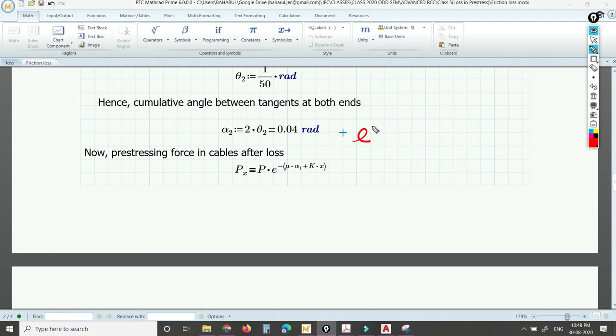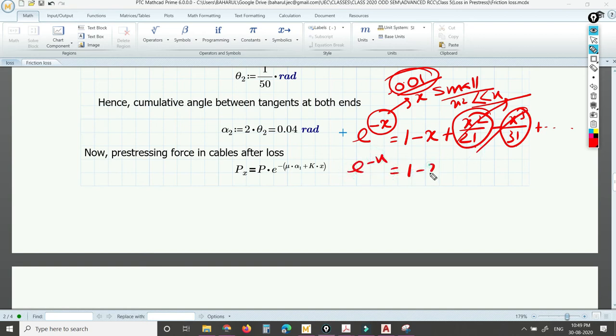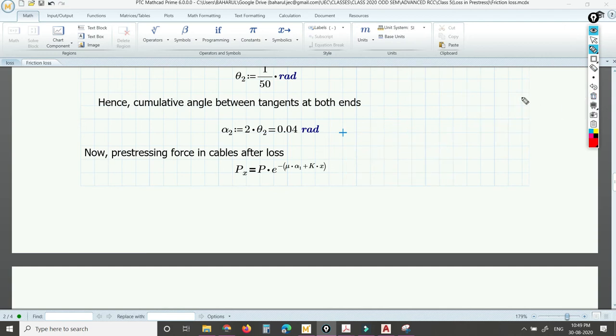If you try to expand e to the power minus x, it is 1 minus x plus x square by factorial 2 minus x cube by factorial 3 plus and so on. If the x value is very small, suppose x is 0.01, then x square will be smaller than x, and dividing it again makes these terms very small, so we can neglect them. e to the power minus x for a very small value can be written as 1 minus x.